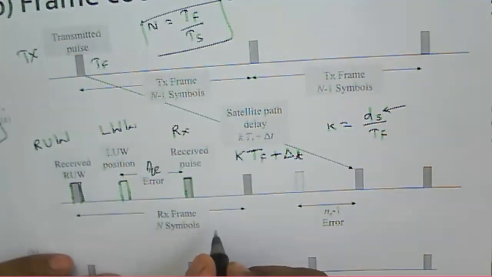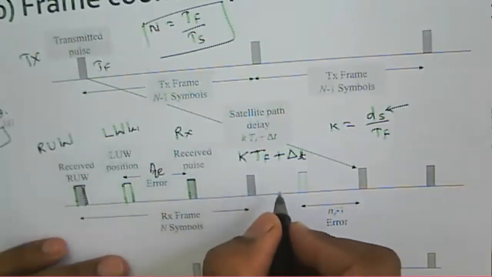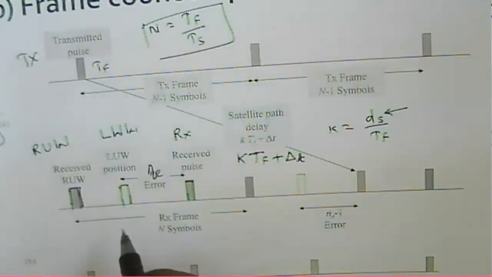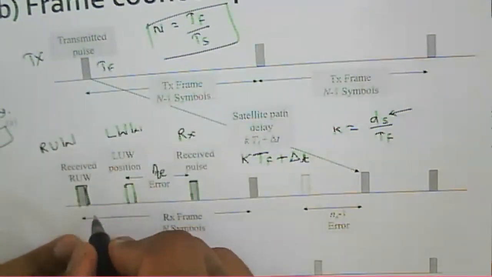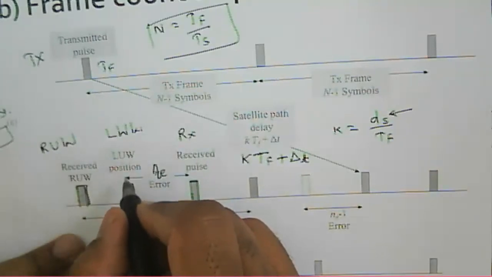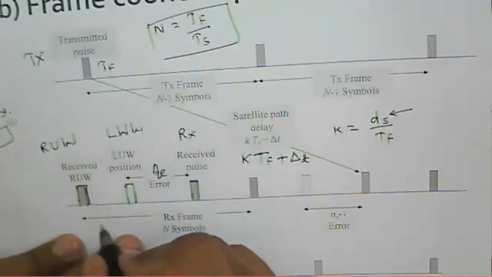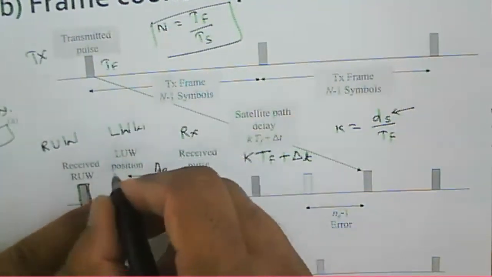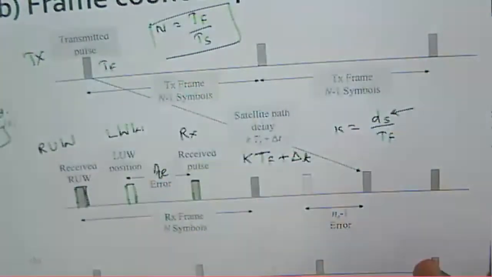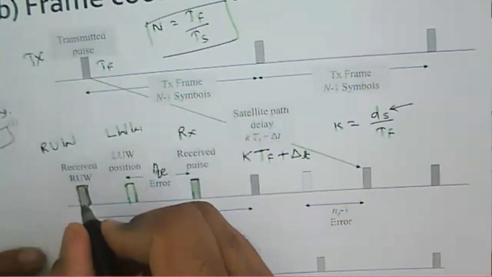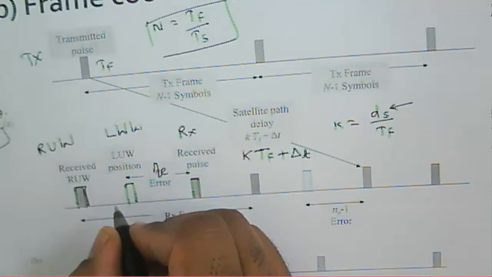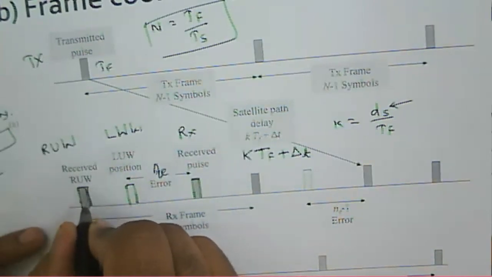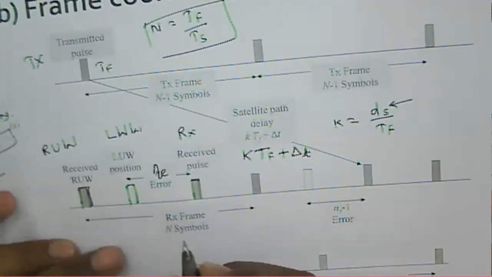So when the acquisition pulse is received, what happens? The receiver first detects the RUW and LUW pulses. That is, the receiver detects the local unique word pulse, which is in the preamble of the frame, and the position of this LUW pulse with respect to the RUW pulse gives the exact position of the local burst in the frame.